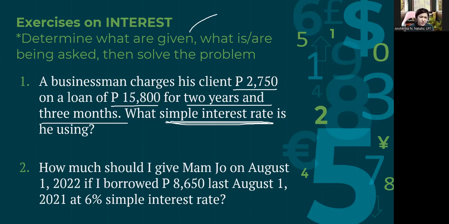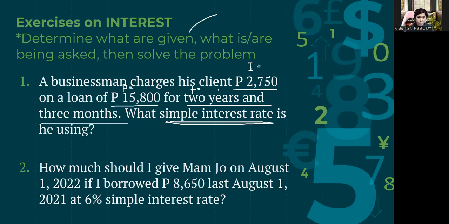He charges his client 2,750 on a loan of 15,800. So, syempre naman, wala tayong nakikitang interest na mas malaki sa principal. So, definitely, this is the interest. Ito yung tinubo, ito yung chinarge ni businessman. Ito yung chinarge ng nagpautang. And ito yung principal amount or ito yung pinautang.